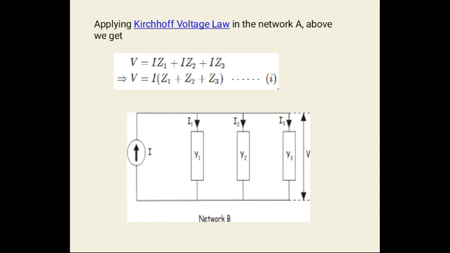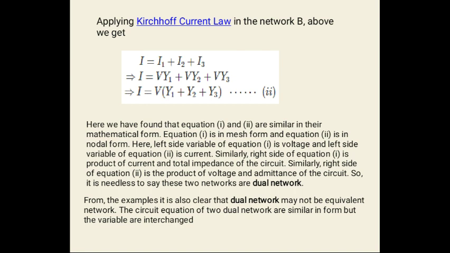Now network B. In network B, there is a current source of I ampere and 3 branches consisting of admittances Y1, Y2, Y3 and their respective currents are I1, I2, I3. Now applying Kirchhoff current law, the equation is I is equal to I1 plus I2 plus I3, where I1 is V Y1, I2 is V Y2 and I3 is V Y3.